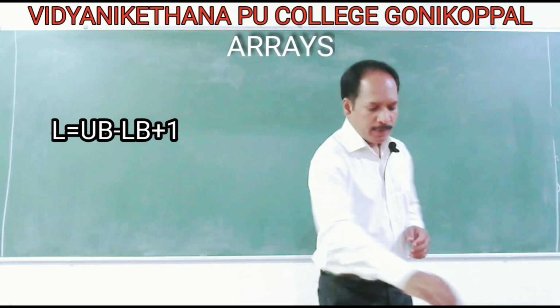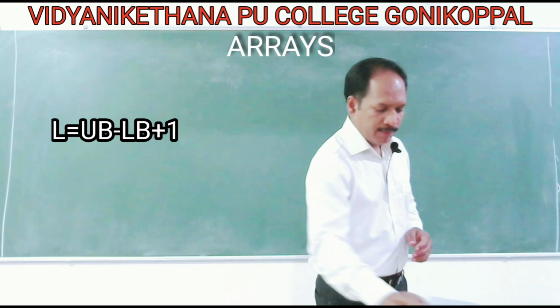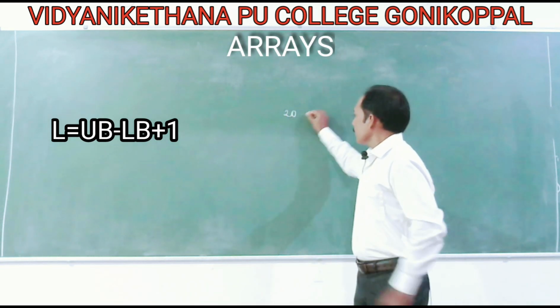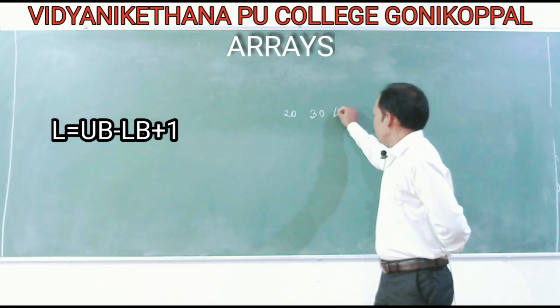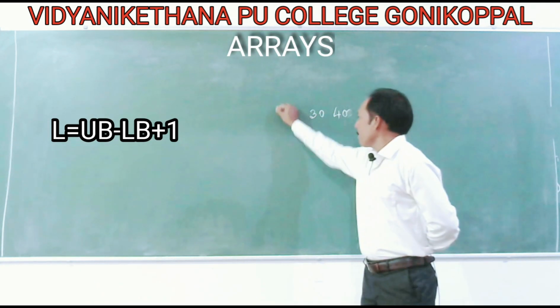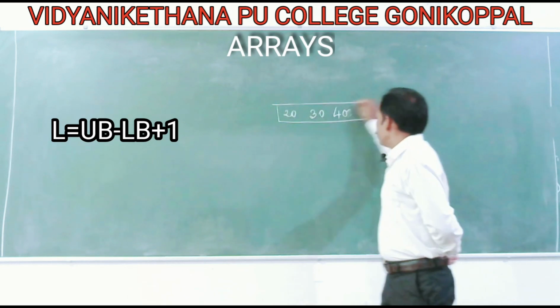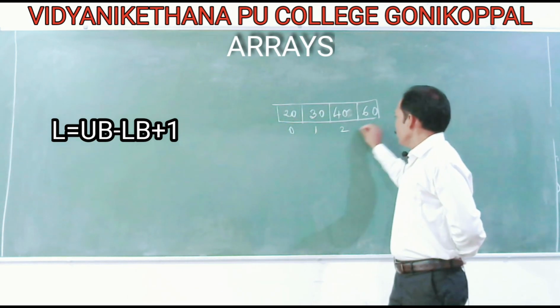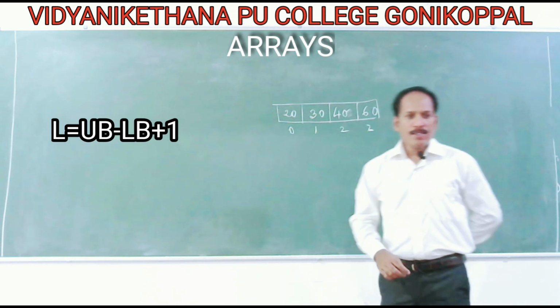Take an example: we have an array of some elements like 20, 30, 40, some elements, 60, of the same type, with indices 0, 1, 2, 3. What is LB?